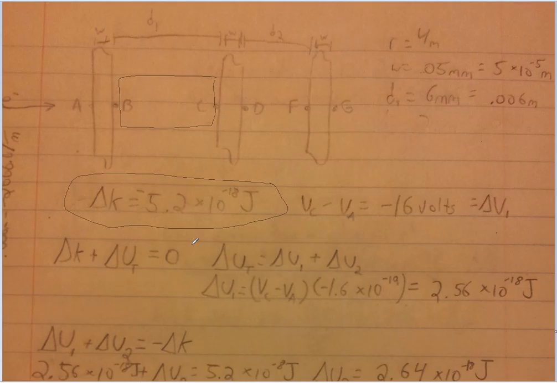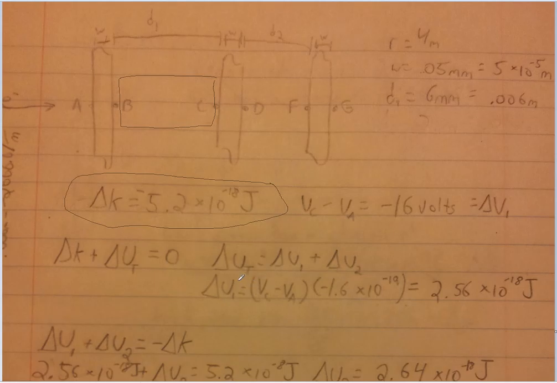And the total amount of energy in the system has to equal 0 because of conservation of energy. So we can set up the equation of the change in kinetic energy plus change in potential energy equals 0. And to find the total potential energy, we have to find the potential energy of the first area plus the potential energy of the second area.